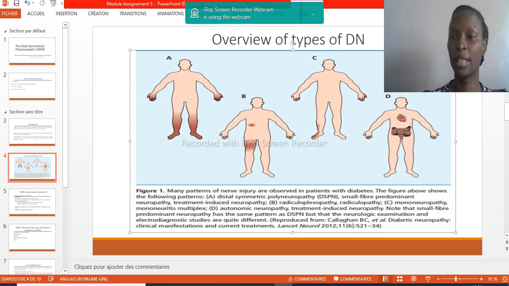As I said before, you can see on the legend that there are some other conditions that can look like that component of diabetic neuropathy, but are not actually diabetic neuropathy. And we also have to keep in mind that there are other conditions of neuropathies, nerve injury, that can occur within diabetic people, but that are not necessarily diabetic neuropathy.